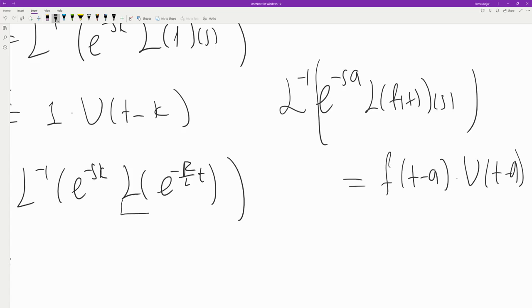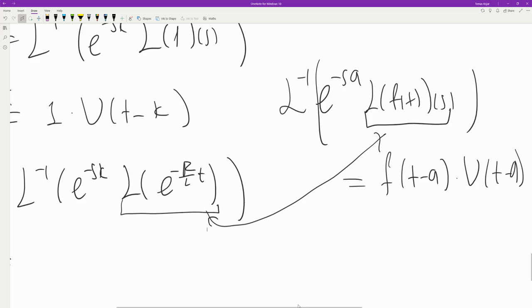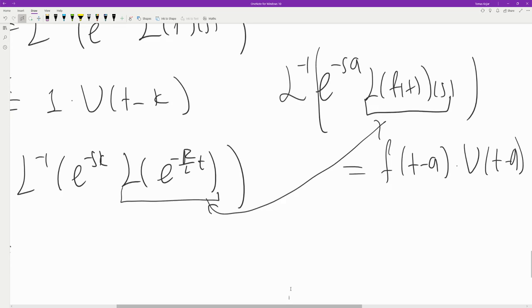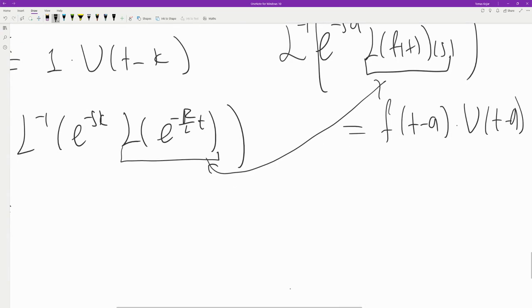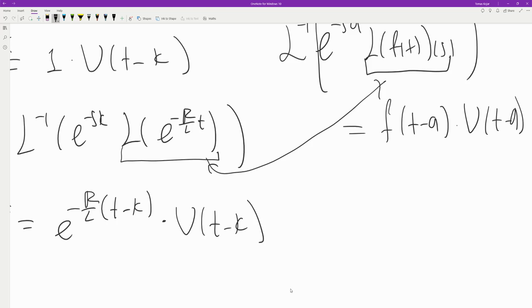Okay, so this is our equivalence. So let me keep it on your screen. So you will have e to the minus R over L times t minus k times the step function. Okay, that's it. So here a is k if you follow the notation.